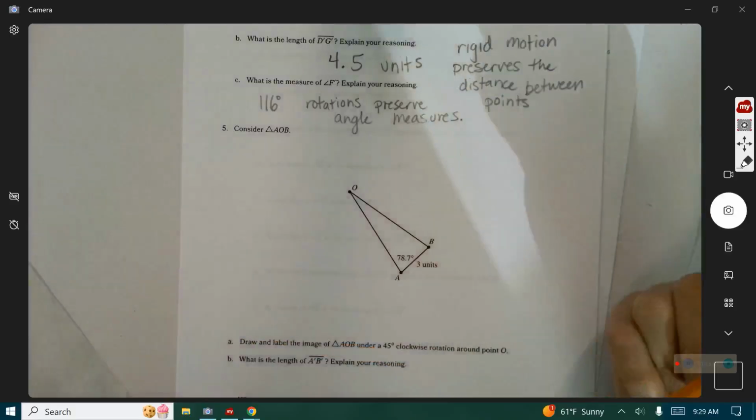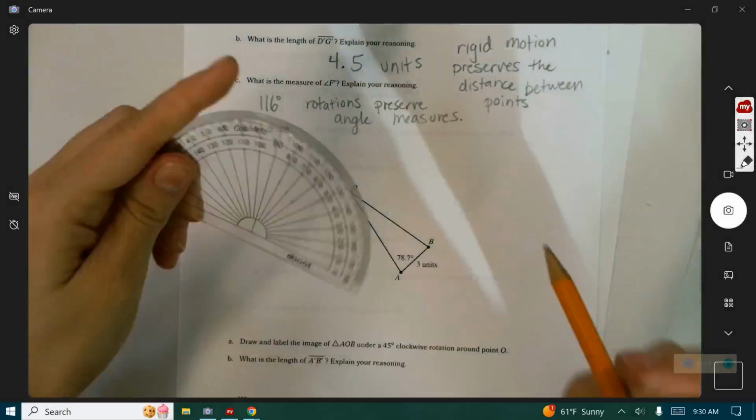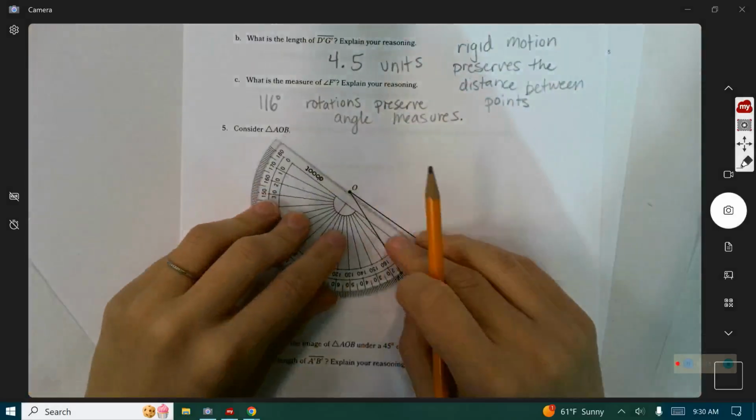Part A here says, draw and label the image of triangle AOB under a 45-degree clockwise rotation around point O. All right. So we already have a line through O. We can continue that just as a guide.